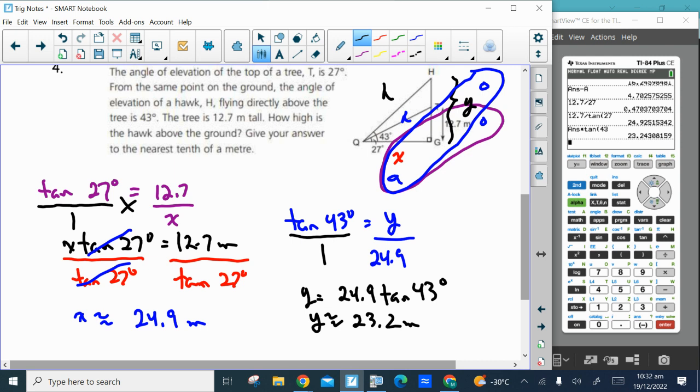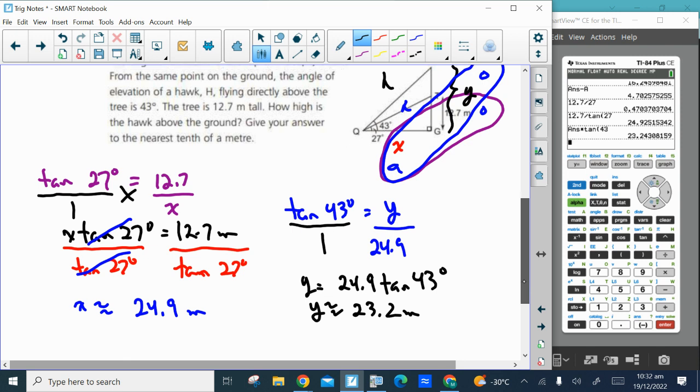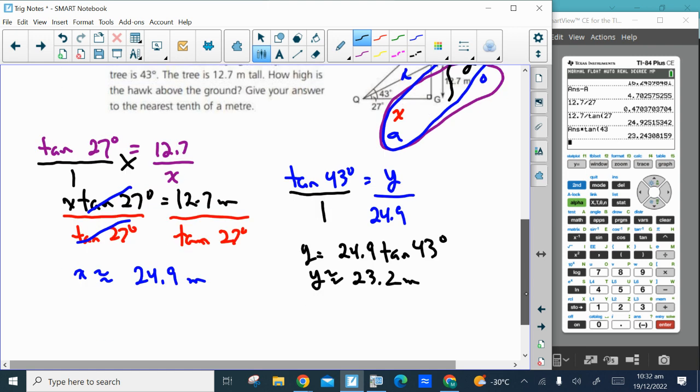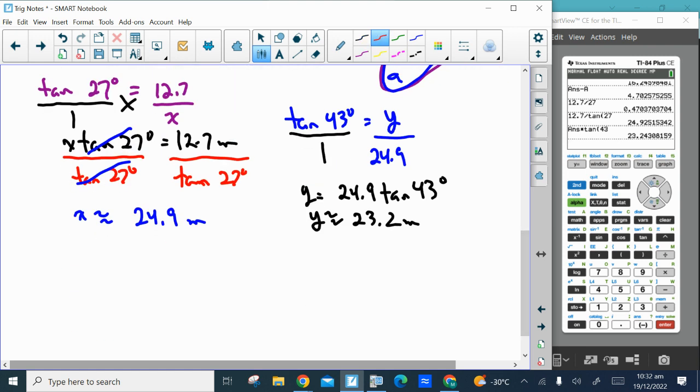And so the height of the hawk is the difference between the 23.2 and the 12.7 that we were given for the height of the tree. So the height of the hawk, which is what we're trying to find, that's HT, is the difference between 23.2 and 12.7.